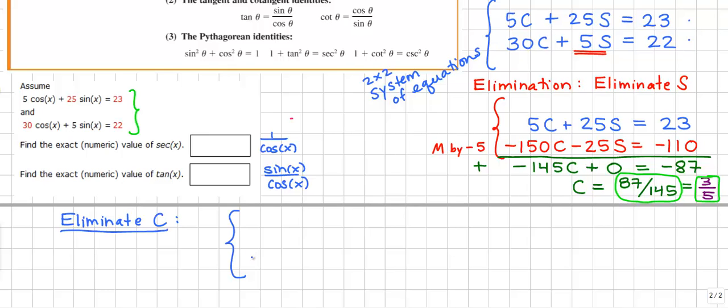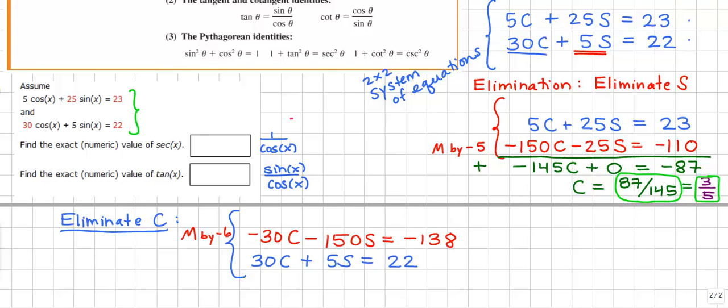This time I see that to cancel c, I would need the 5c and the 30c to have the same coefficient, and 5 times 6 is 30, so I'm going to leave the bottom equation alone. And I'm going to now multiply my top equation by negative 6, which would give me negative 30c minus 150s equals negative 138.